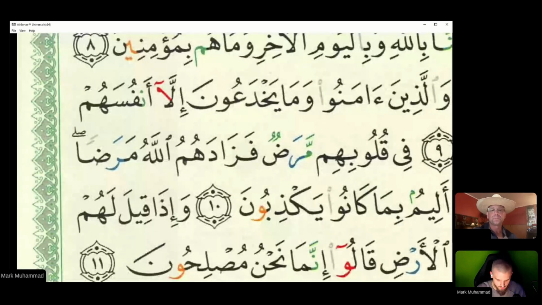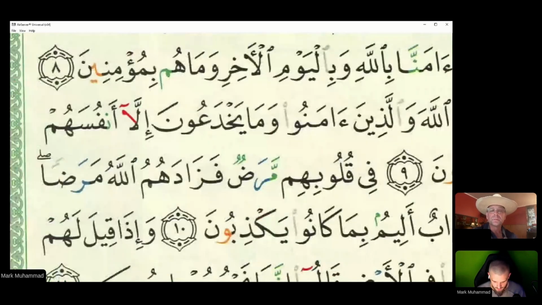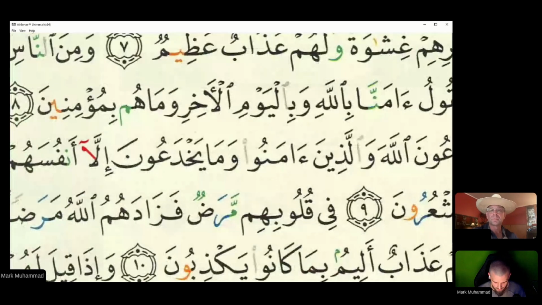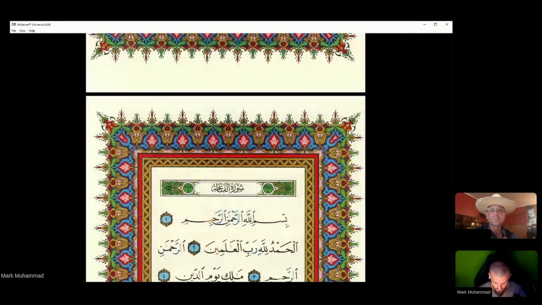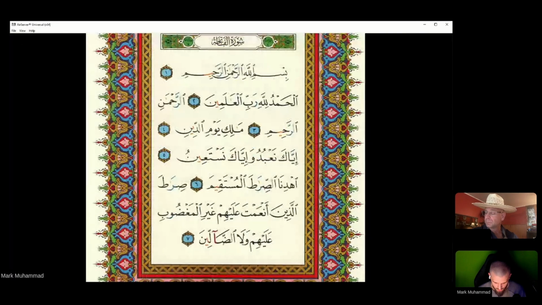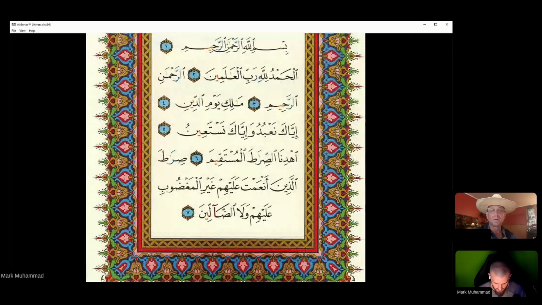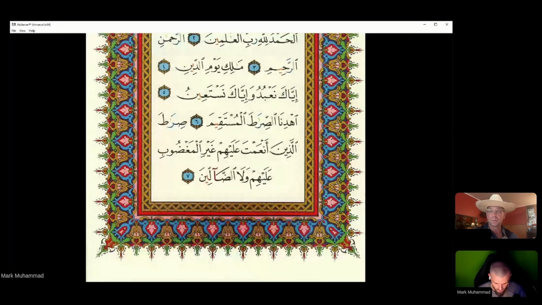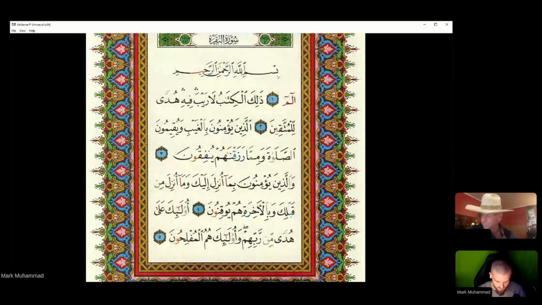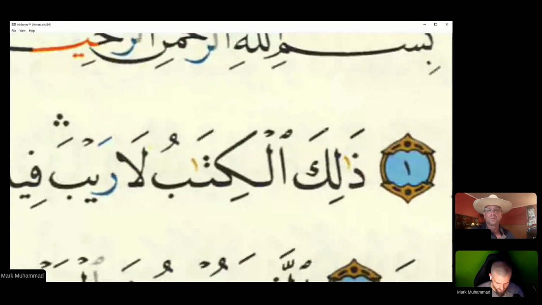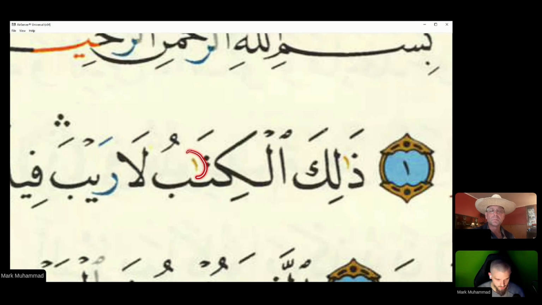Okay. So let's look for some examples. Let's just give it a minute so that we can find a letter that we know followed by an alif, because sometimes an alif can be written like this in the Quran, but we'll get to that later on.